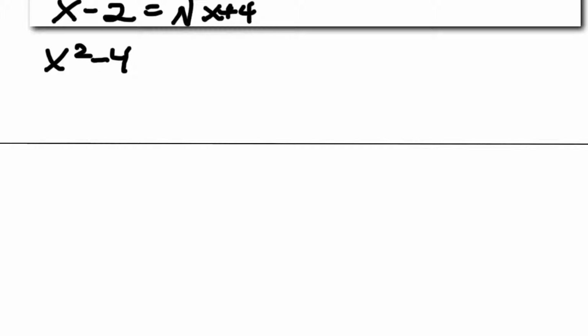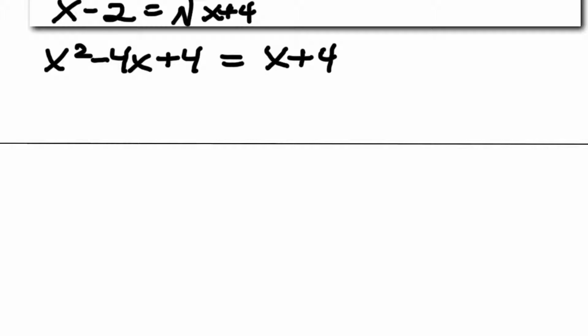Okay, we have x equals the square root of x plus 4 plus 2. So we'll add a negative 2 to both sides, and we get x minus 2 equals the square root of x plus 4. Then we square both sides, and we get x minus 2 squared, which is x squared minus 4x plus 4 equals x plus 4.